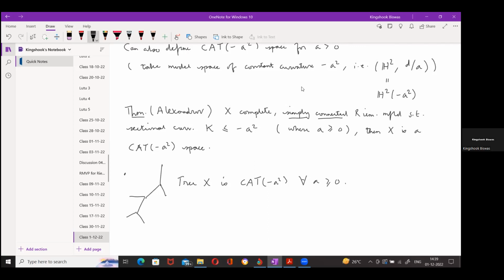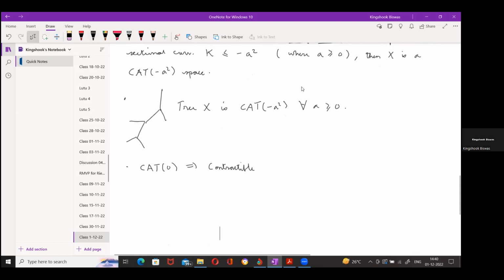That implies that the space is globally CAT(-1). See, it's not hard to show that any CAT(0) space is contractible. Okay, we're almost out of time. Let me stop this session and start a new one.